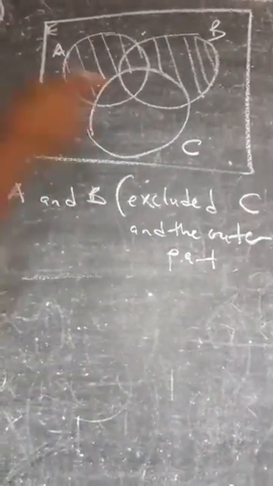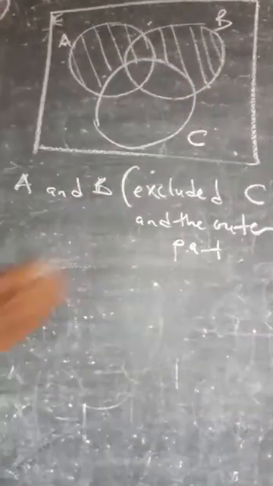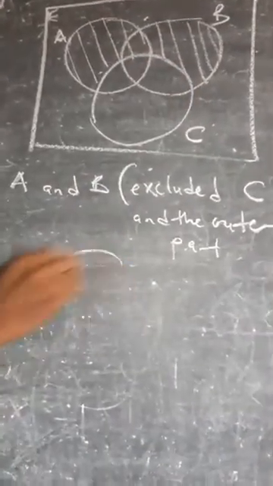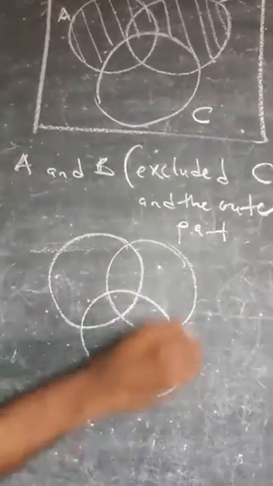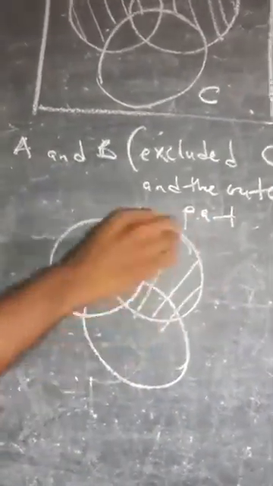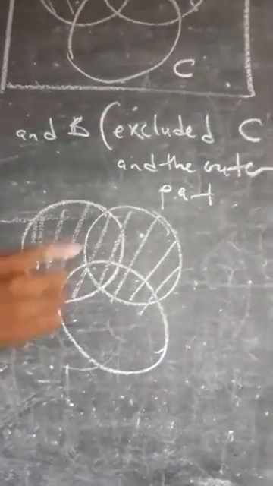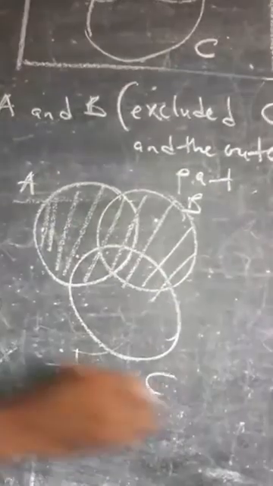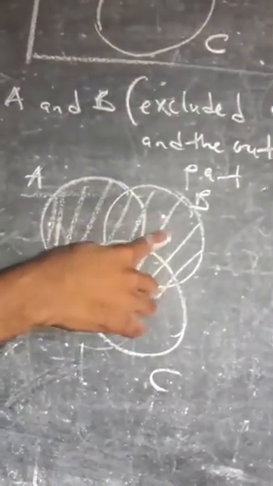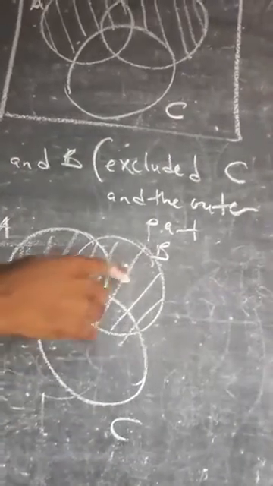So if they shaded this, what do I mean? If they shaded this, that means this is A union B. Combining these two, A union B.